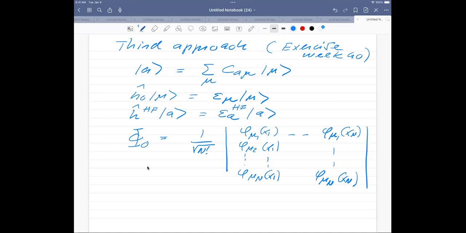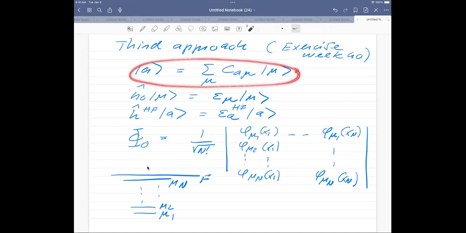So this means that we have defined our Fermi level to contain this specific state mu_1, mu_2, up to the last one, which is mu_n, which then defines the Fermi level. So this is the original Slater determinant. And then in the exercises last week, you actually used this transformation to find a new Slater determinant.